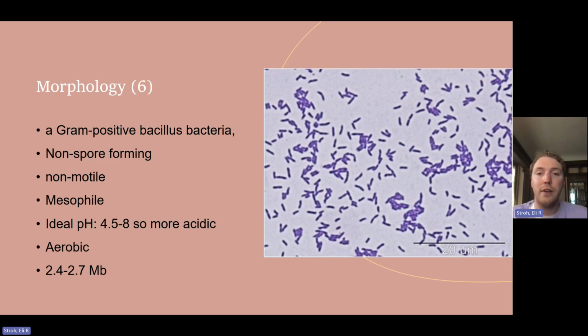It doesn't move or have anything on its form to be able to help move. It is a mesophile, and its optimal temperature is at 30 degrees Celsius. It is not a pathogen, and it ideally lives within aerobic respiration. And lastly, it is 2.4 to 2.7 MB for its size.